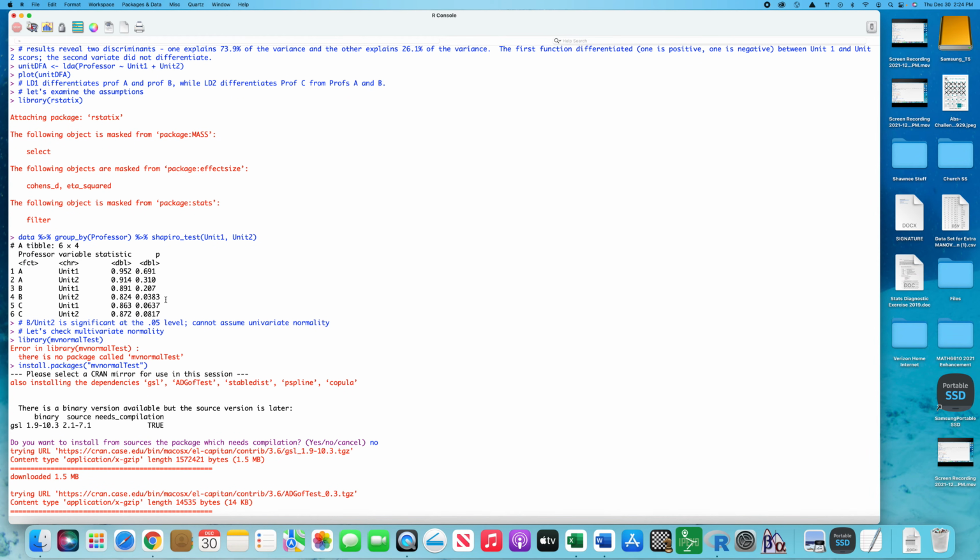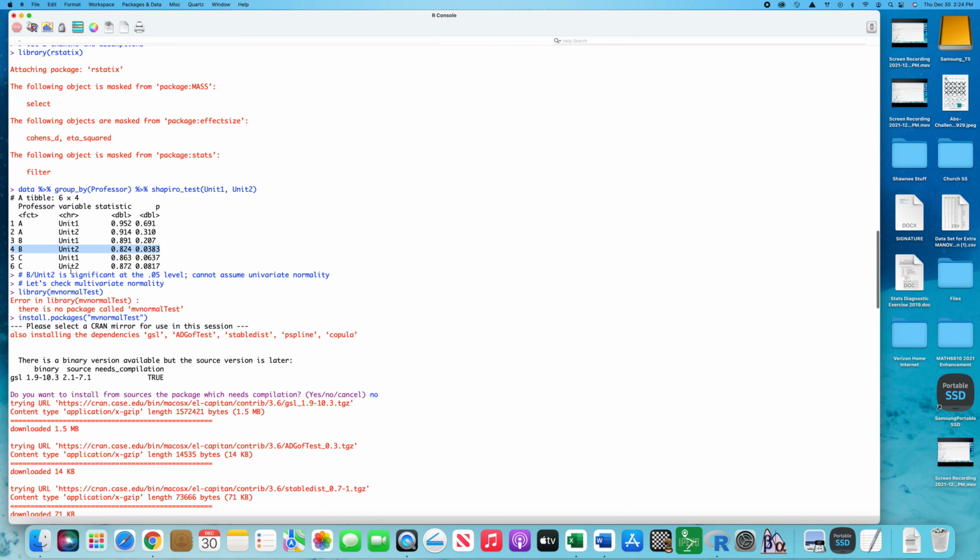I noticed that right here for Professor B, Unit 2, we observe statistical significance at the 0.05 level. So because of that one line, we cannot assume univariate normality.